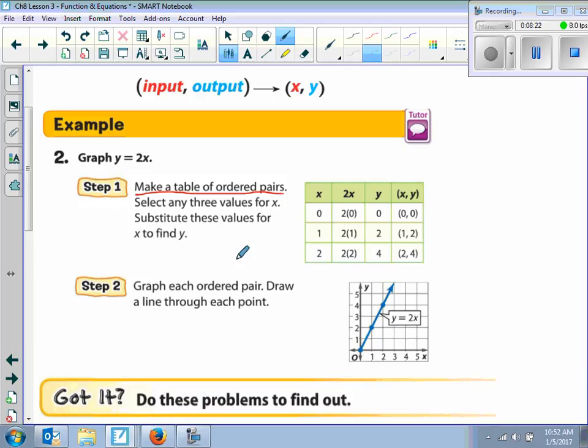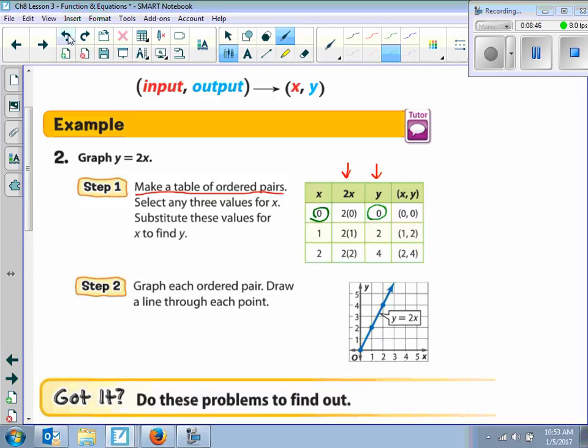All right. So here, they chose 0, 1, and 2. So, once we choose those numbers, then we substitute into the function rule, and then we simplify to get our y value.